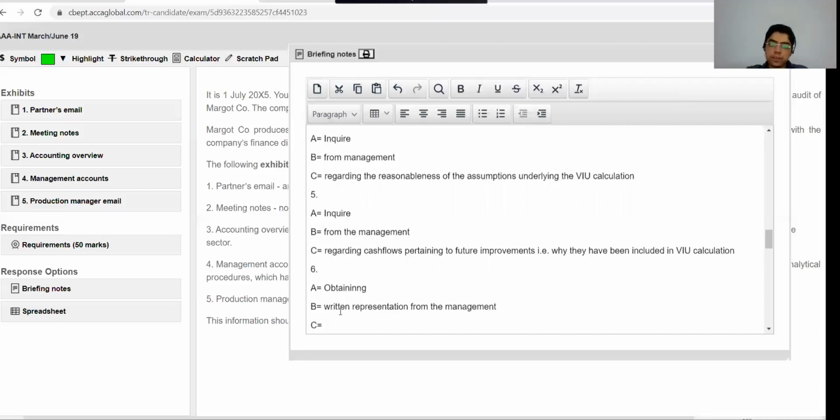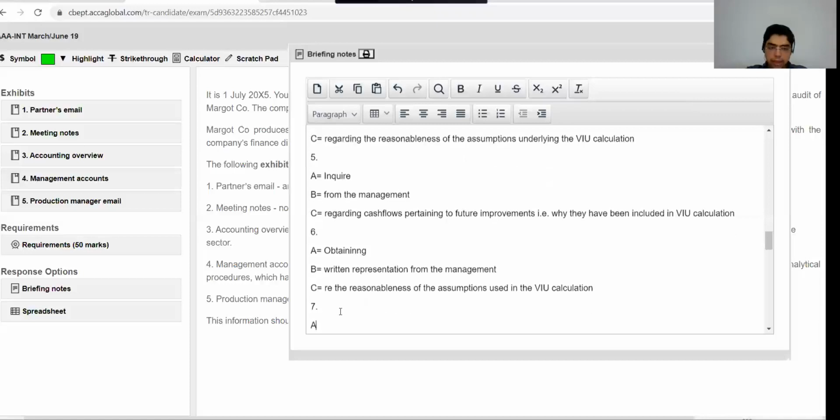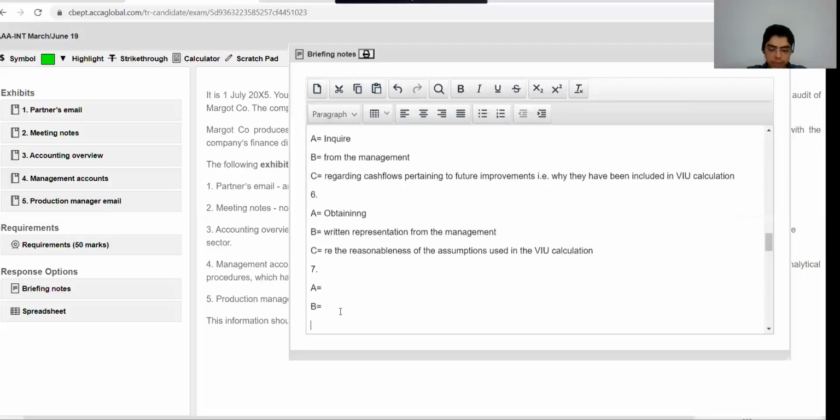But if you say written representation from the management regarding the reasonableness of the assumptions used in the value in use calculation, you could get a mark. Another procedure could be, again, it is going to have an A, a B, and a C.